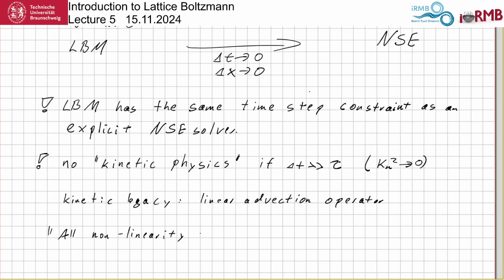The nonlinearity in the lattice Boltzmann equation is in calculating the equilibrium function, so it's in the collision operator. All nonlinearity is local because the collision operator is local. All non-locality is linear.